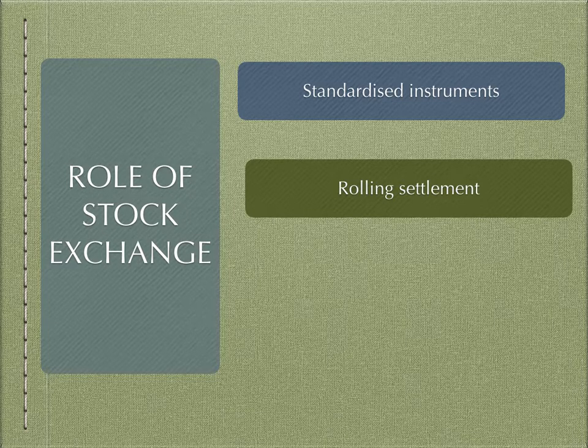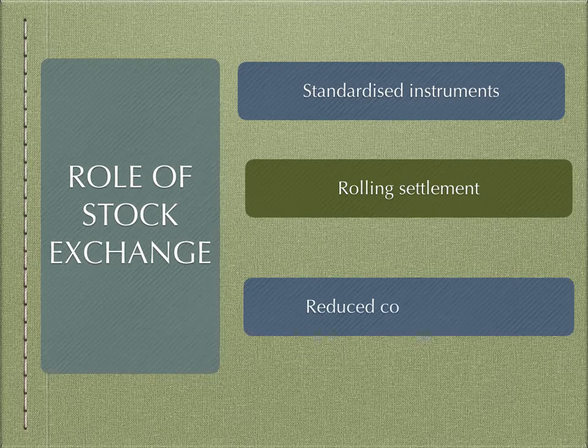Since settlements take place every day for the previous day's trades, it's called a rolling settlement, as opposed to fixed date settlement, when settlement takes place on a specific date. Because of the presence of a large intermediary like a stock exchange, the counterparty risk is significantly reduced in a stock exchange.